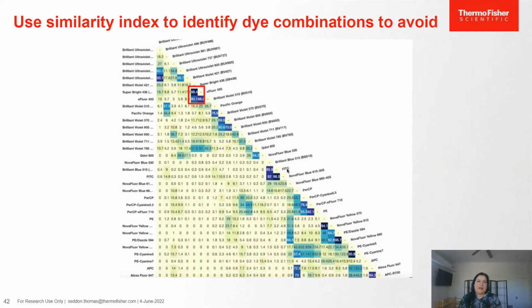So by adding these 2 additional dyes, the third dye in this area, it's basically already saying I've made the worst possible decision, but the complexity score isn't necessarily reflecting that. So it's worth being aware that the complexity score doesn't necessarily capture all of that, nor does the similarity index. Just be aware of that issue as you're looking at your panel. This also happens for the combination of BB515, FITC, and NovaFluor Blue 530.